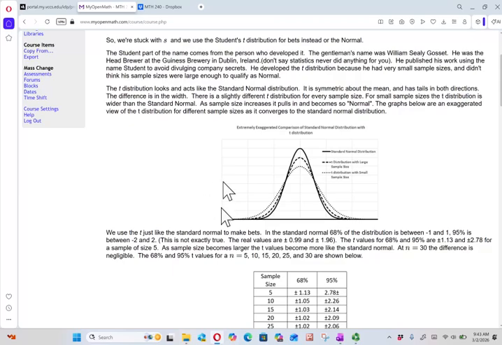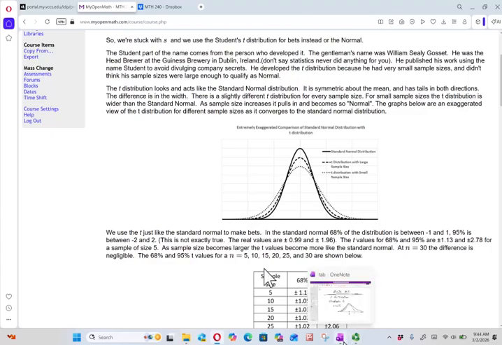The T distribution depends on the degrees of freedom. You remember the pencils in a box? 5 pencils in the box. First person gets to choose 1 out of 5. Next one, 1 out of 4. Next one, 1 out of 3. Finally, you get to the last person. There's no degrees of freedom left.